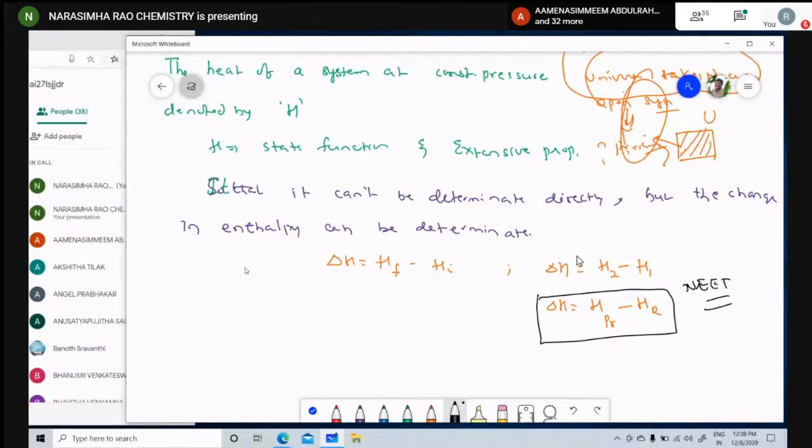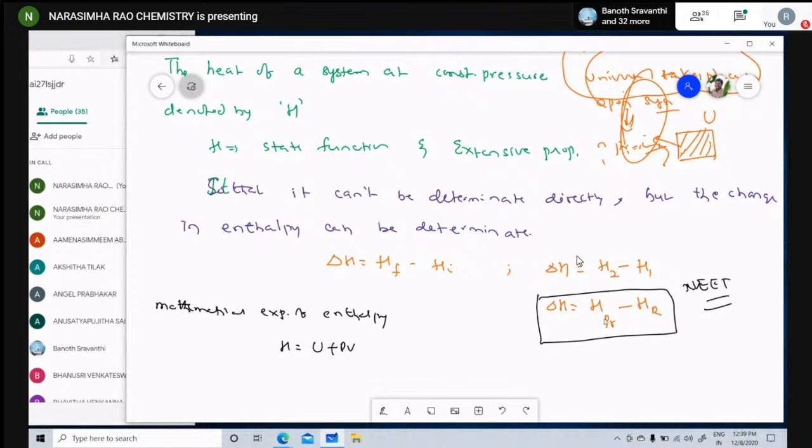Right, children. So the mathematical expression of enthalpy is H is equal to U plus PV. H is equal to U plus PV.